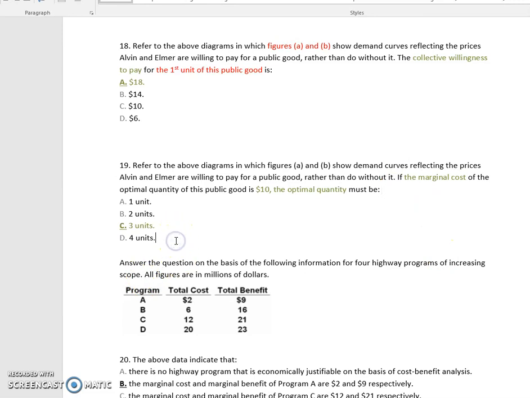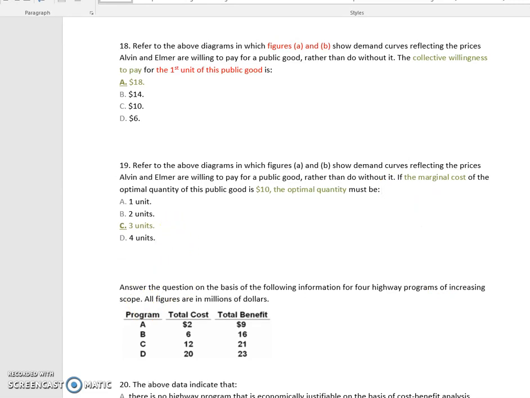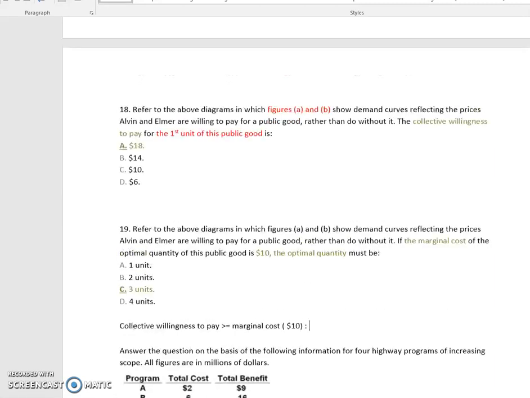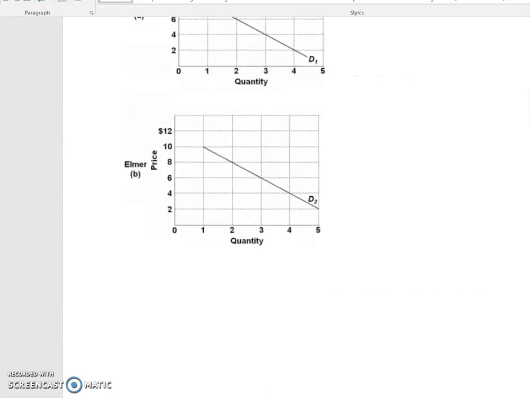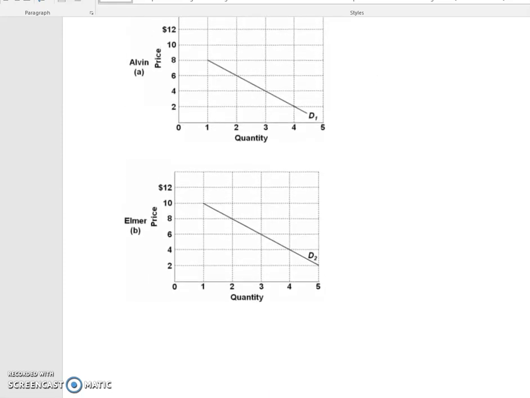So willingness to pay must be equal to or greater than cost, which in this case is $10 for the problem we are solving, right? So let us see where this happens. Let us get the collective willingness to pay.